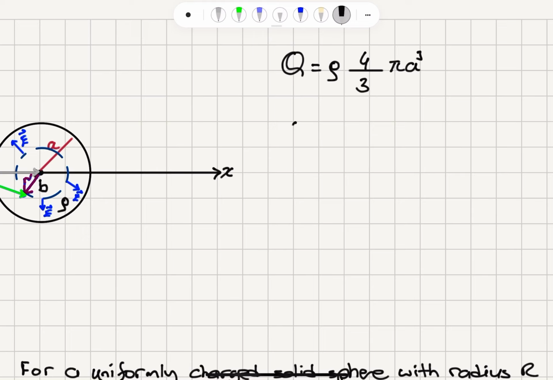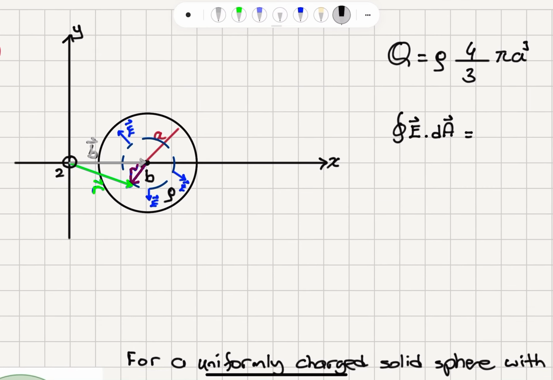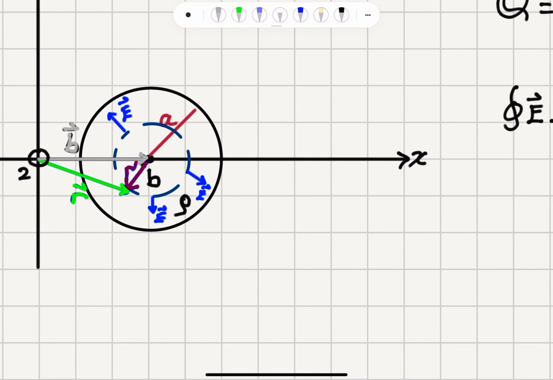Gauss's law states that the closed surface integral of E dot dA, the net electric flux, is equal to the enclosed charge over epsilon 0. Now we have radius r prime for this Gaussian surface. The electric field lines point radially outward and depend only on r prime.